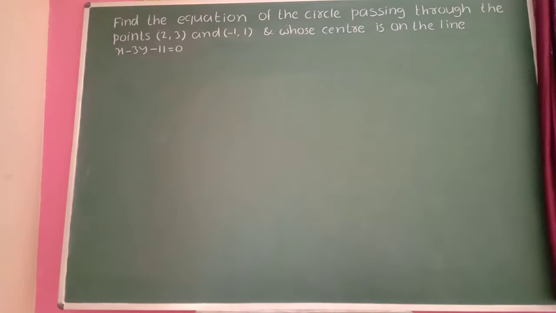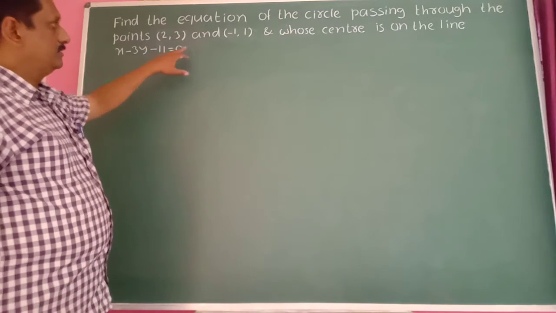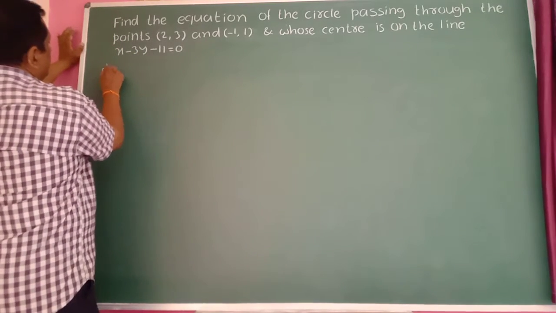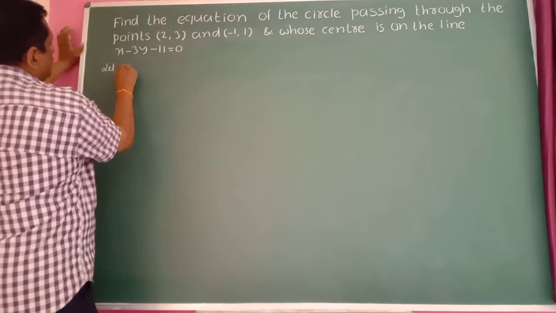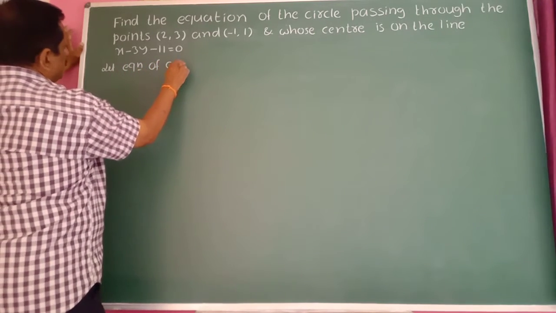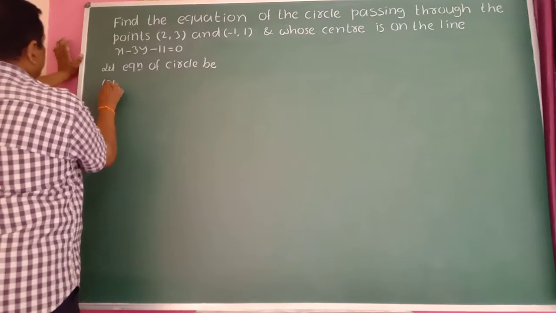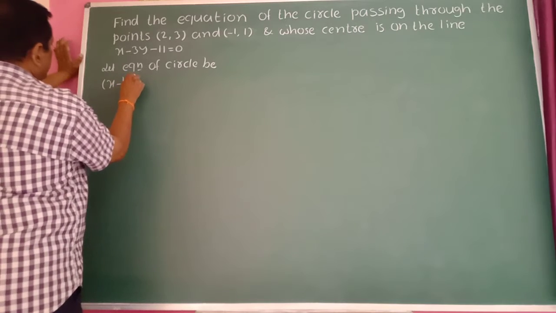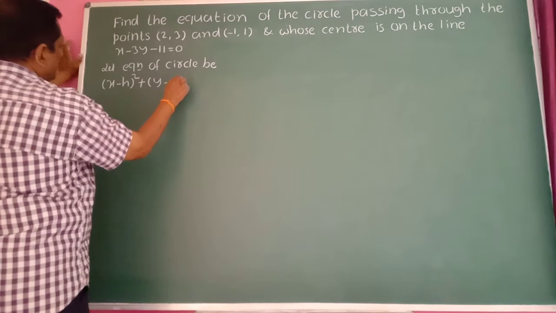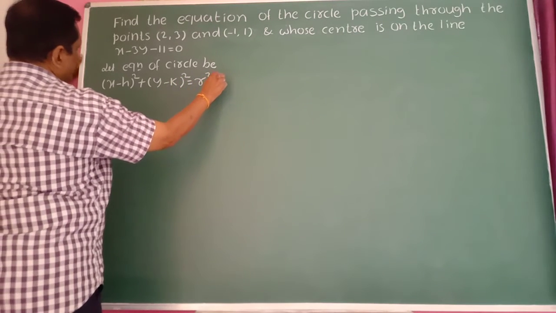Even here also, just take a previous example. The circle passes through these 2 points, and the center lies on this line. So let us consider the equation of circle to be x minus h whole square plus y minus k whole square is equal to r square. Take this as equation number 1.